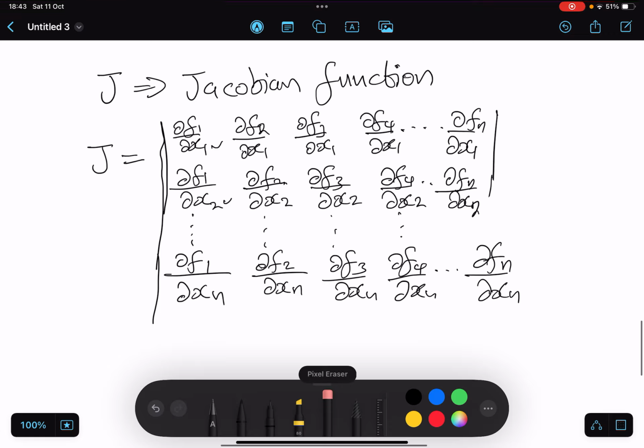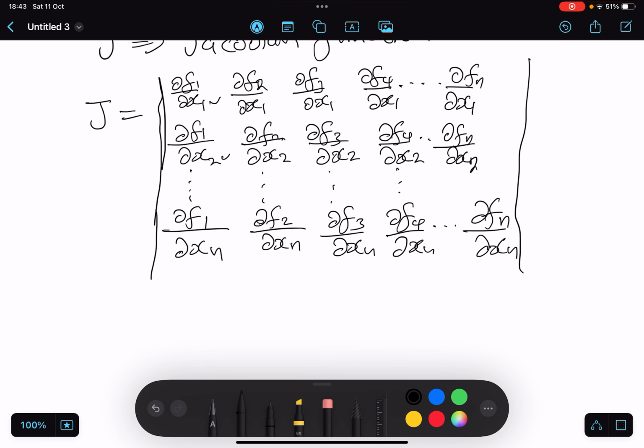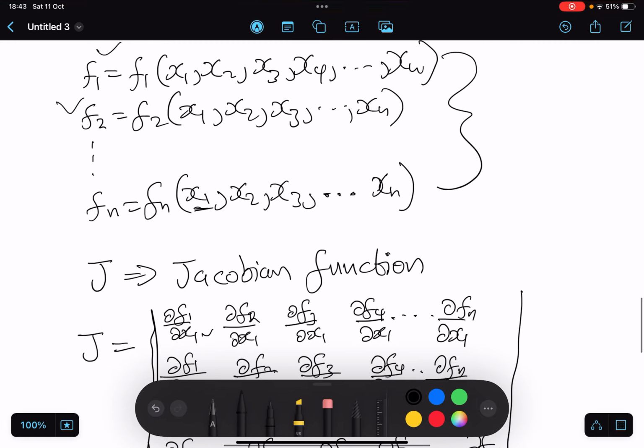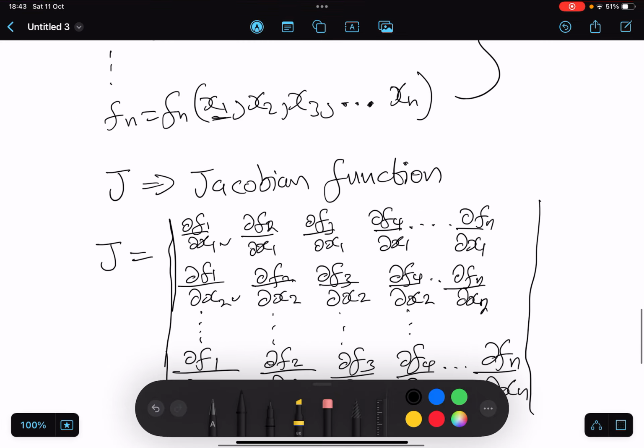So this is the general way of finding the Jacobian function. I think the best way to see how we can apply this is to solve it using a certain problem. But this is the general formation of the Jacobian function.